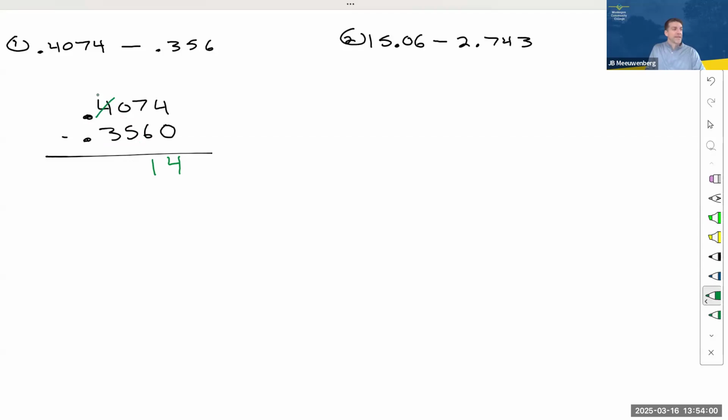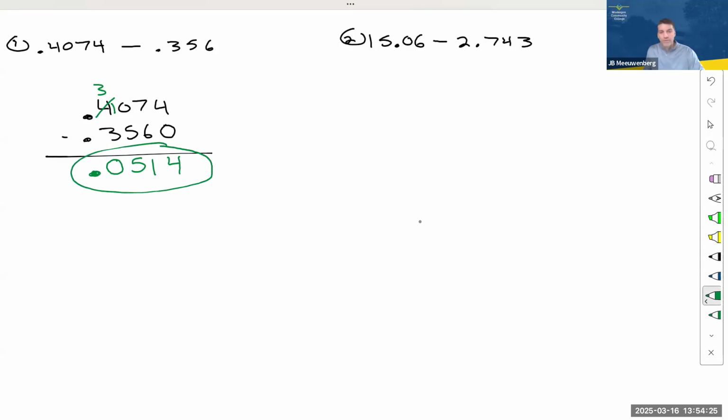We borrow from the 4, make it a 3, and regroup. Instead of 0, we now have 10 hundredths. 10 minus 5 is 5. 3 minus 3 is 0. We need that 0 right there because our decimal point belongs here. We need our 514 to align with that 10,000ths place.